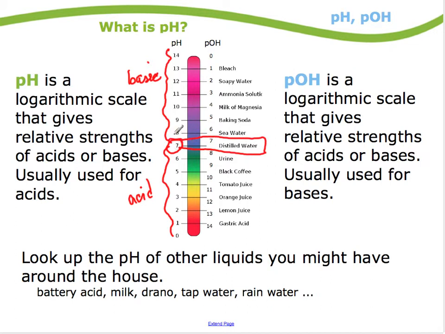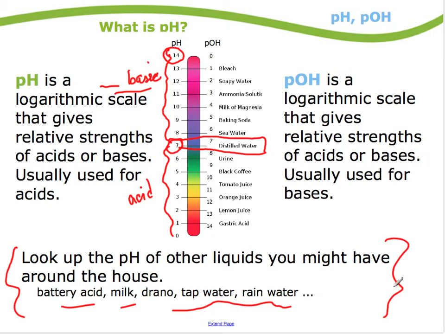And as you go higher than 7, you get to a pH of something like 14, which would be not acidic at all, and actually it would be the opposite. It would be very, very basic. Okay, so pH is a logarithmic scale. Now, you may want to look up on the internet or somewhere else things like battery acid or milk or any of these other substances.